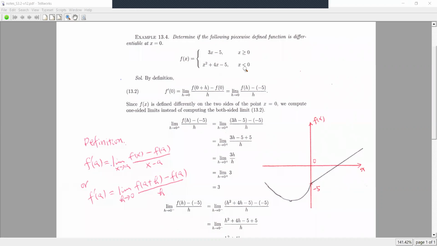When x is less than 0, the graph of this function is the graph of this polynomial. This polynomial, the graph is a parabola, this parabola. So from this diagram, we can see that at x equals 0, the graph has a corner. So at 0, the function f is not differentiable.